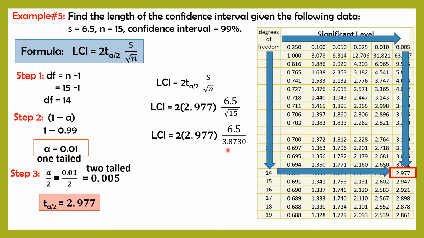That is 3.8730. So, we take 4 decimal places. Then, we can divide here. Then, multiply these two. So, we'll have now 5.9538 for these two. Then, when we divide these two, that is 1.6783. Then we multiply. So, our LCI is equal to 9.99.